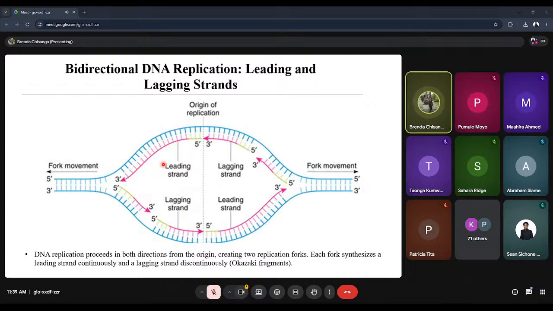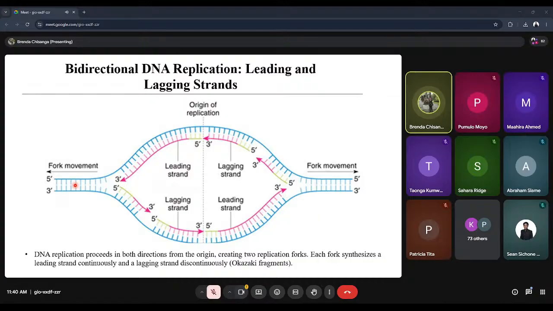We're also going to have two regions of the leading strand, the one synthesized in the same direction as the replication forks. So what we see here is that DNA replication is bidirectional. Bidirectional because synthesis is taking place going this direction and synthesis is taking place going that direction.